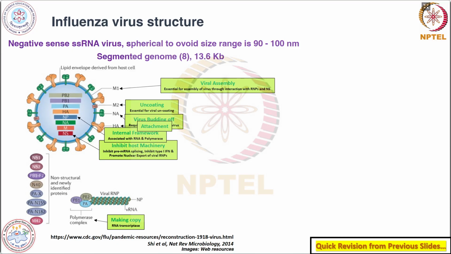The nomenclature is also based on different criteria, like the antigenic type, that is A, B, C, or D type, and the host name is also given in the name of the virus, as well as the year, the serial number and the geographical location. That was the basic thing that we saw in the last class.